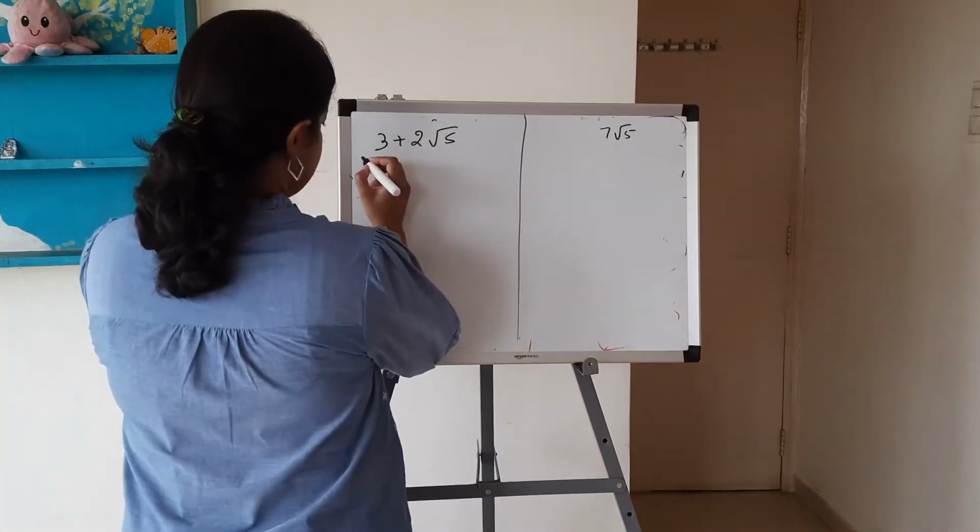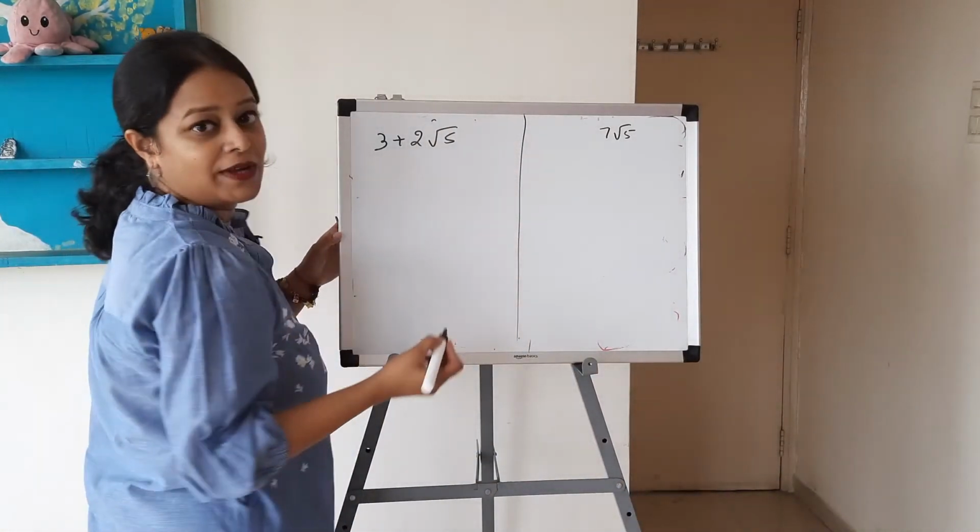And how do you approach this? As we just did with root 5, first we consider it as rational. So I'm going to solve both together, okay?